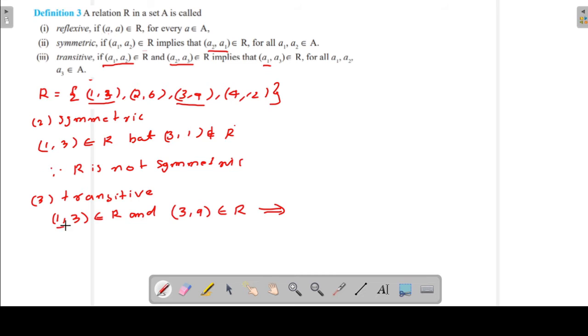So here (1, 9) from the relation, the point (1, 9) does not belong to R. This means therefore R is not transitive.